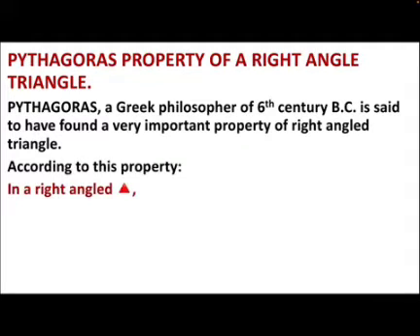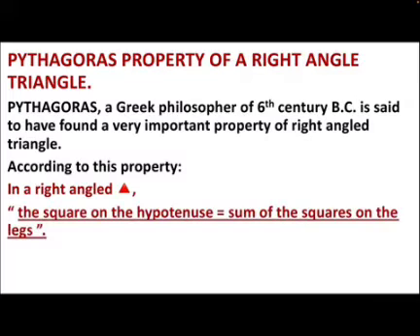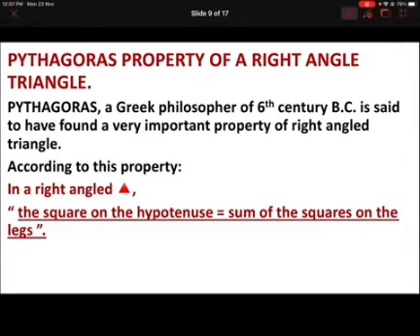So according to the Pythagoras property, in a right-angled triangle, children, this is very important, only a right-angled triangle, this property holds true only for a right-angled triangle. Now what does it say? It says the square on the hypotenuse is equal to the sum of the squares on the legs. I don't know how many of you understood. Let me show you. Let us say this is a right-angled triangle.